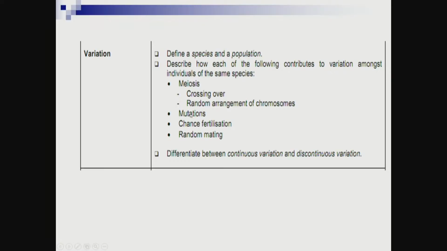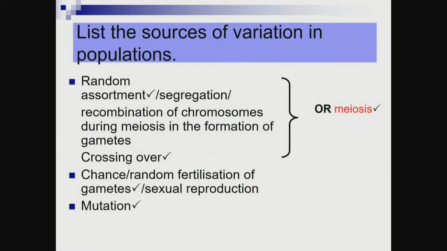And then the other sources are chance fertilization. Any sperm cell can fertilize any egg cell, and random mating is where any male and any female can mate. So that is very important, two very important sources of variation.